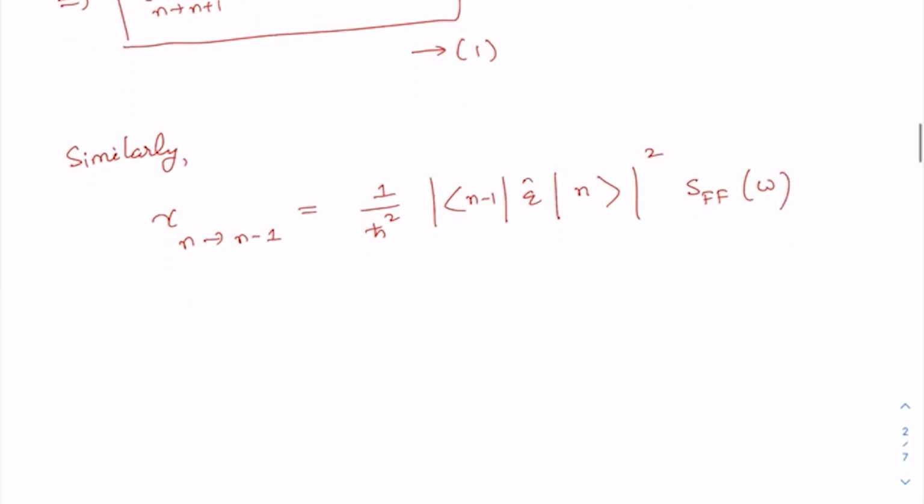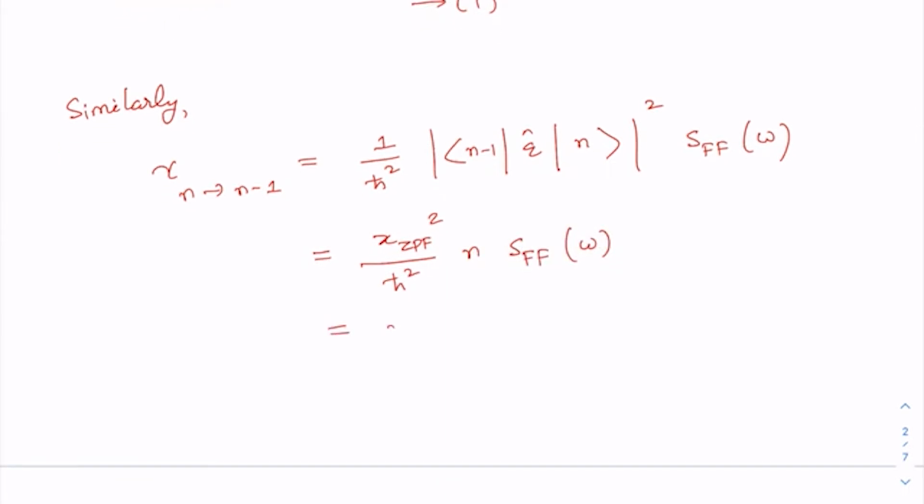Okay, and similarly if you evaluate it, you will get x zero point fluctuation square divided by h cross square n SFF at plus omega. Or I can write it as n into gamma. Now we are going in the downward direction, gamma. So therefore we have another formula, n to n minus 1.